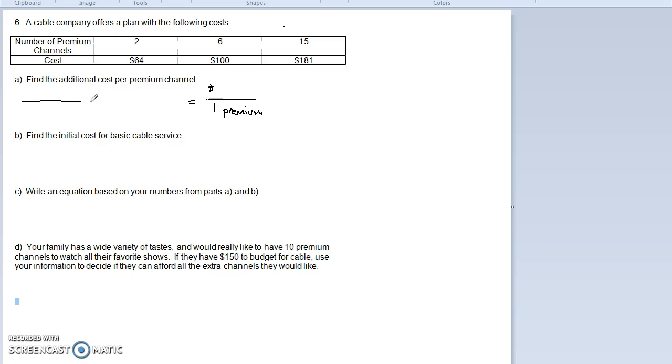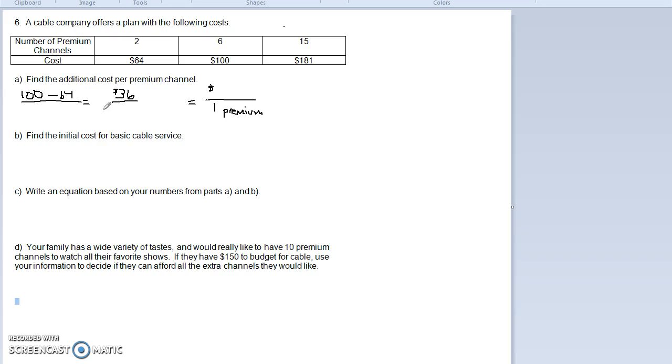And I need to know how much the cost went up between this point and this point. So if I take 100 and I subtract 64, that's going to tell me that the cost went up by $36.